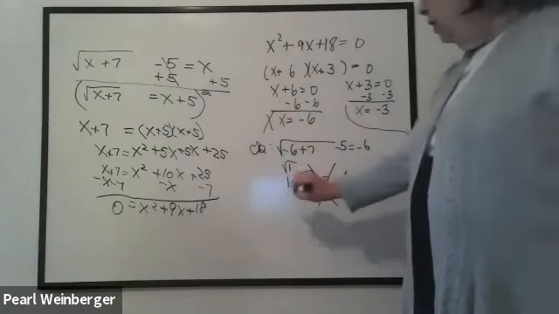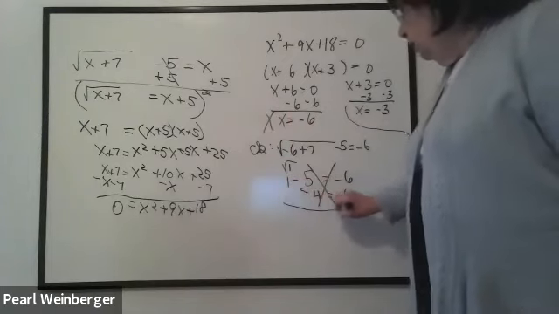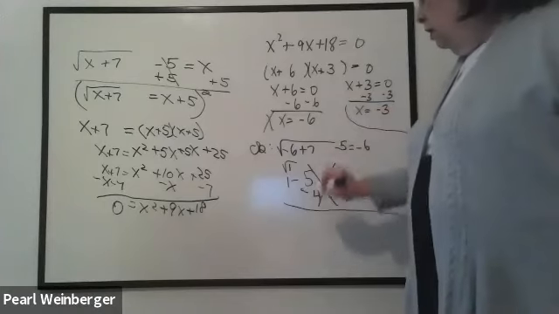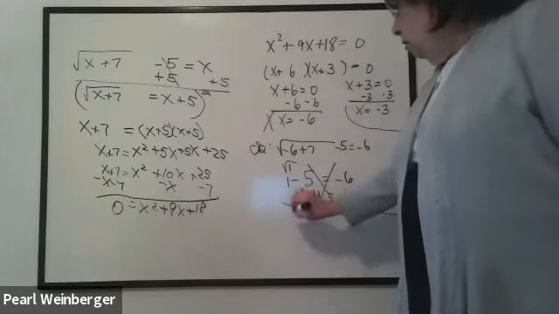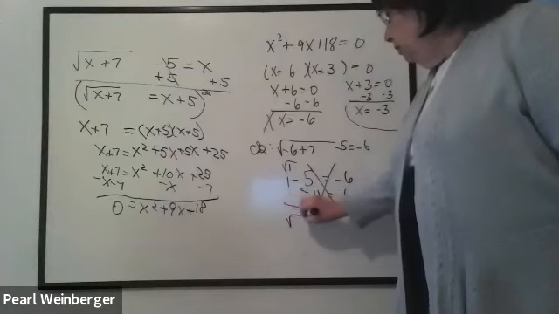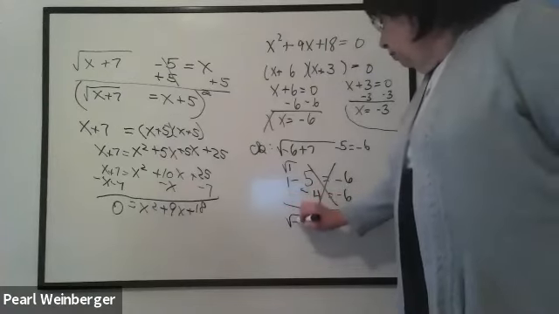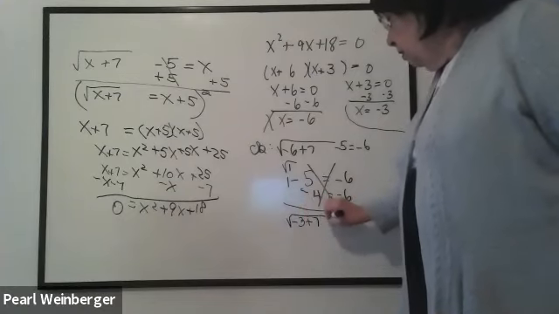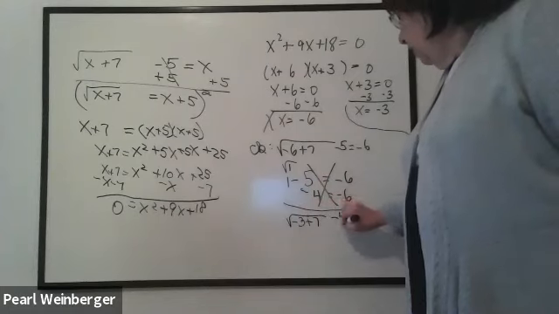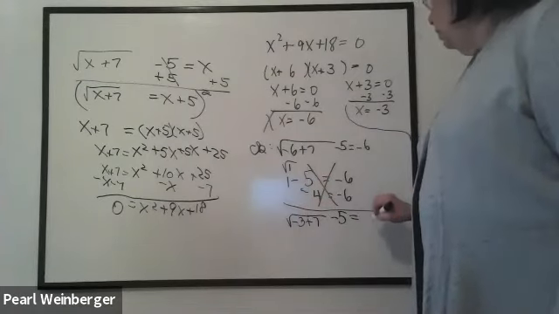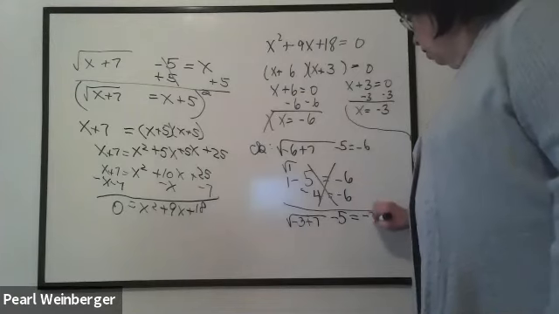Let's check the other answer. Let's check negative 3. That one gives me the square root of negative 3 plus 7 minus 5 equals negative 3.